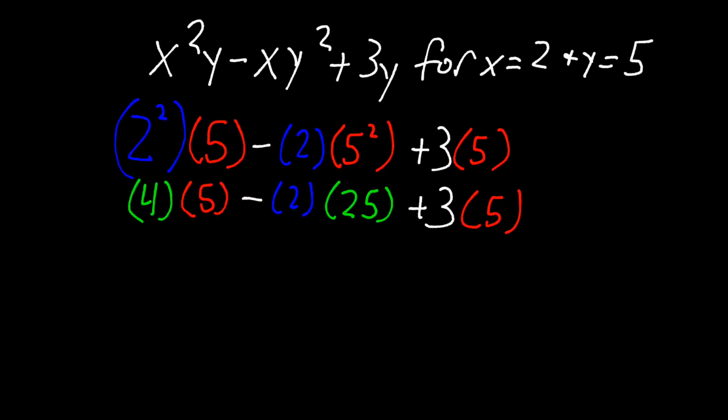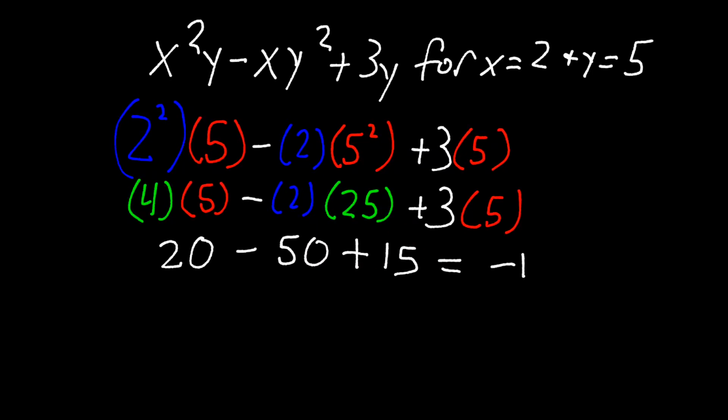So 4 times 5 is 20, minus 50, plus 15. And we can solve all of this. 20 minus 50 is negative 30, plus 15 is a negative 15. And there is our answer, negative 15.